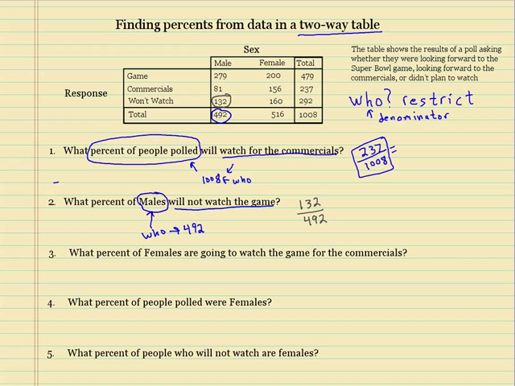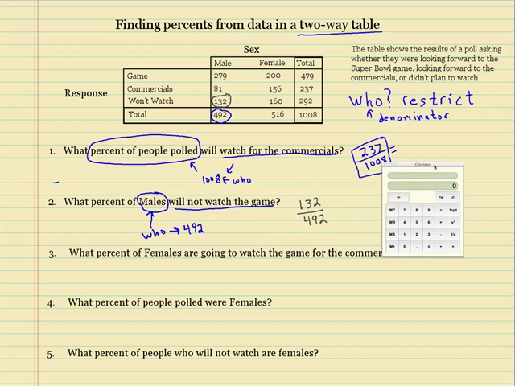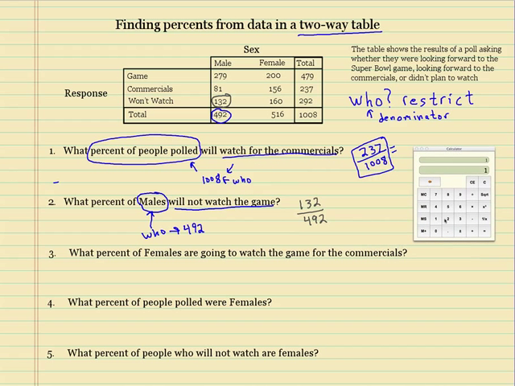Let's pull the calculator up. 132 divided by 492. We want to go 3 digits, so it's 0.268. You could either write it like this or write it in percent form. Either way. Let's do the next one.